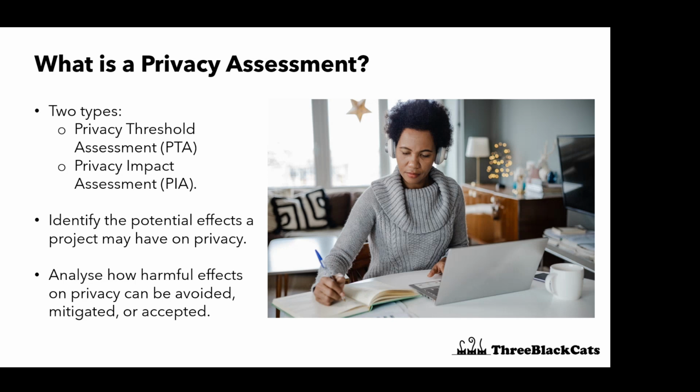So in effect, it steps through the life cycle. It goes, cool, we're collecting information. Yep, we're collecting this information. We have a just cause for collecting it. We gave a privacy statement to people, it matches what we're actually going to do, and it's nice and easy to read. We're then going to use the information plus some other stuff we've already got in our organization to do something.